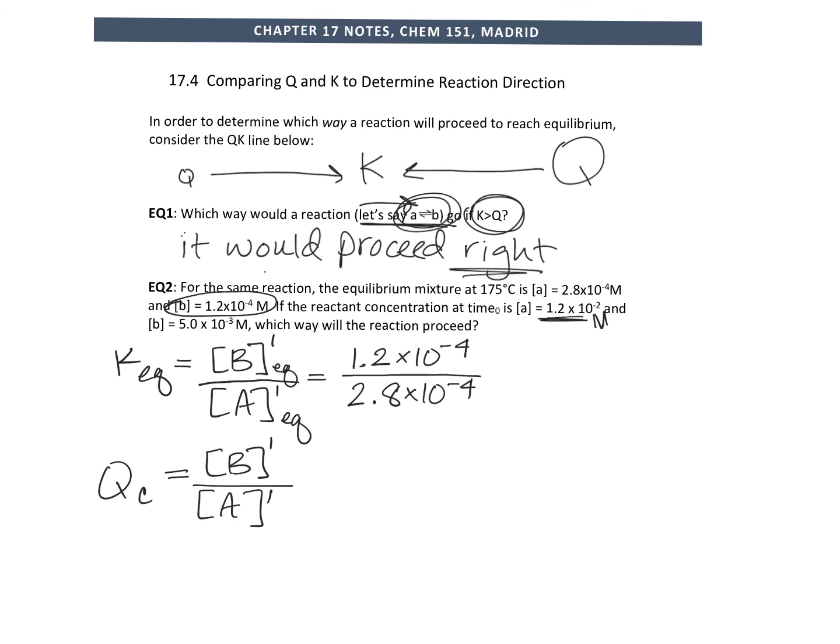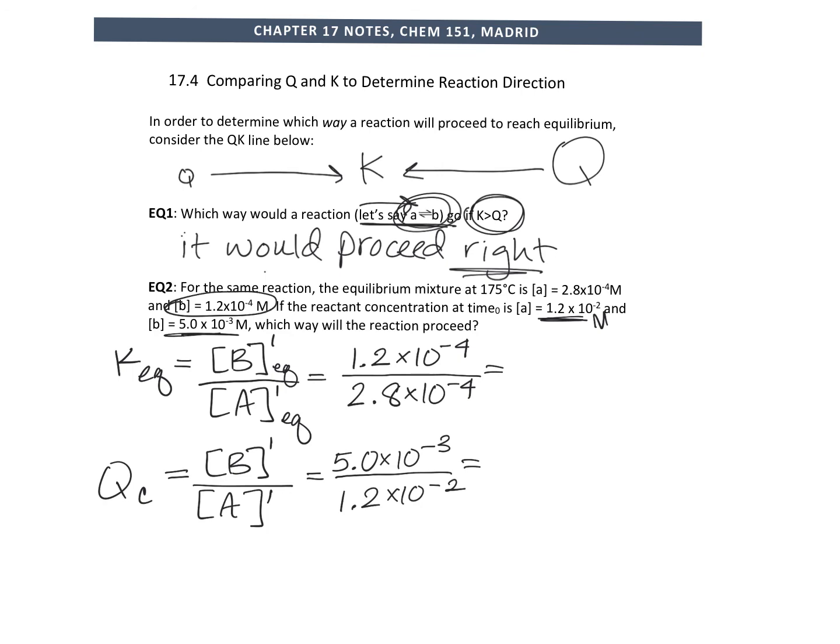And I'm going to plug in this A and B value. 5.0 times 10 to the negative 3 divided by 1.2 times 10 to the negative, oh, just kidding, negative 2. All right, evaluate those numbers.